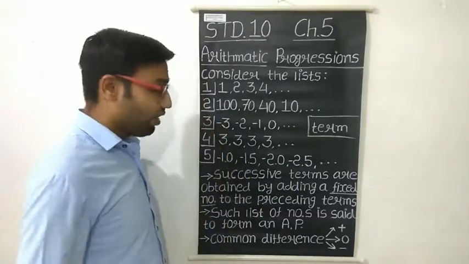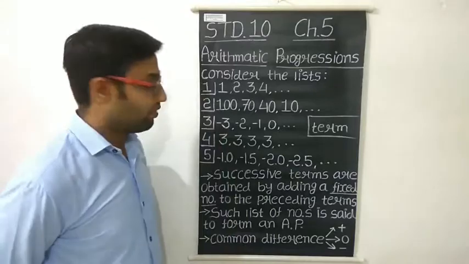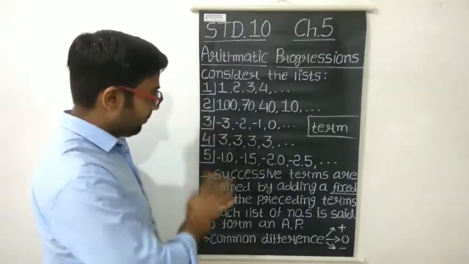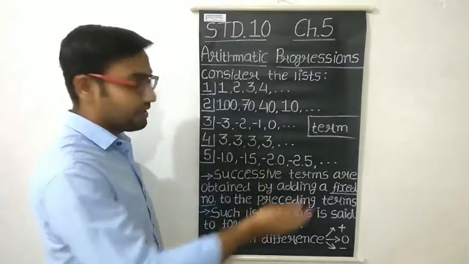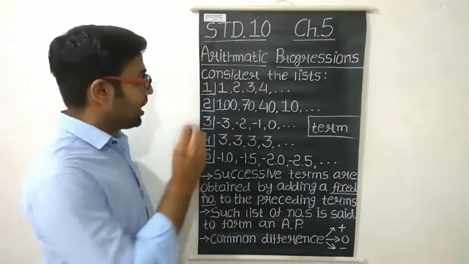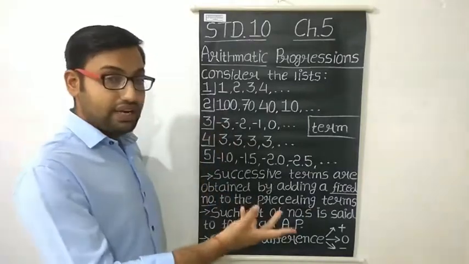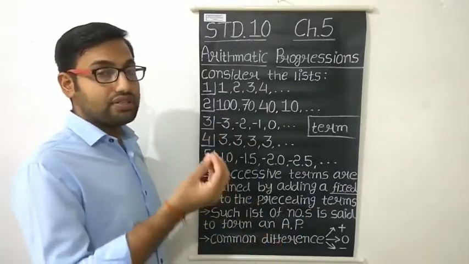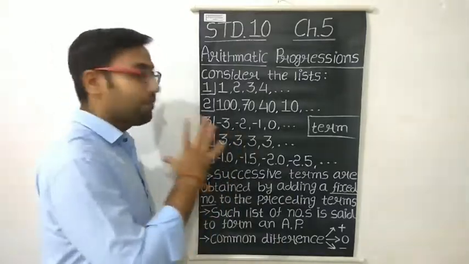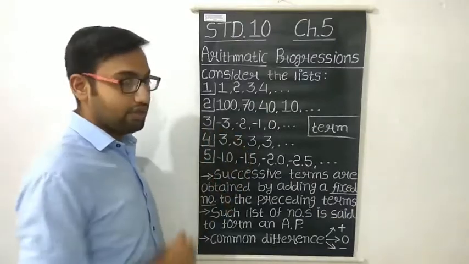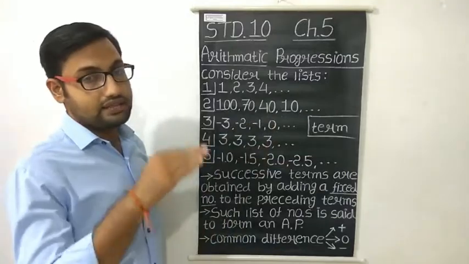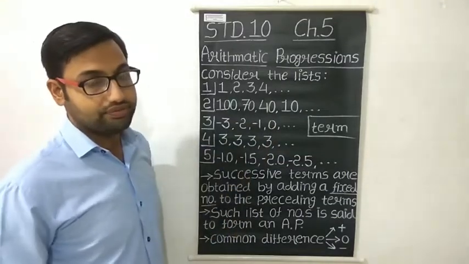So till now, what we have observed from all these patterns, once again I repeat: in all the patterns the numbers are either increasing or decreasing or remain the same. Between any two consecutive numbers, the difference remains the same. And if that happens for any pattern of numbers, we call that pattern of numbers an arithmetic progression.